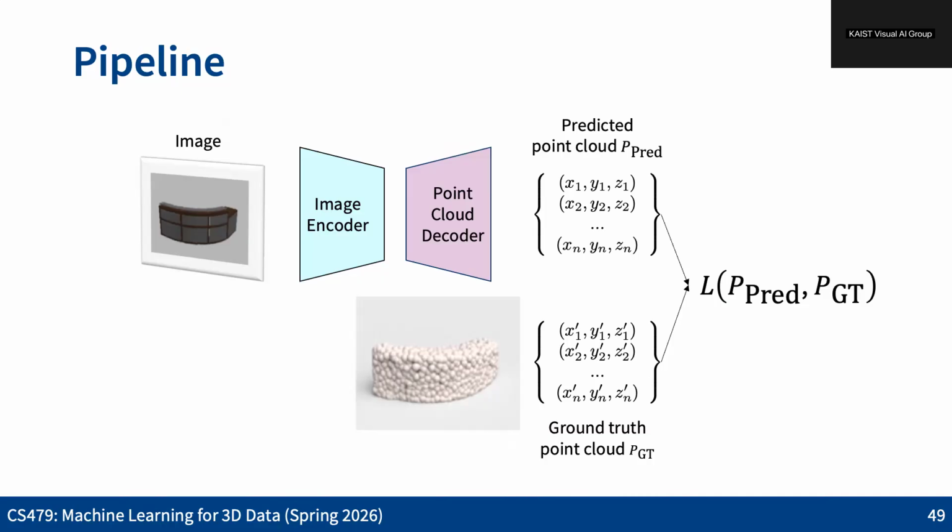What is the idea for the point cloud decoder? Let's say we always want to make 1024 points with x, y, z coordinates. So having some kind of global feature as the input, the output becomes a 2D array with 1024 points and x, y, z coordinates for each point. There are lots of ways to do that, right?